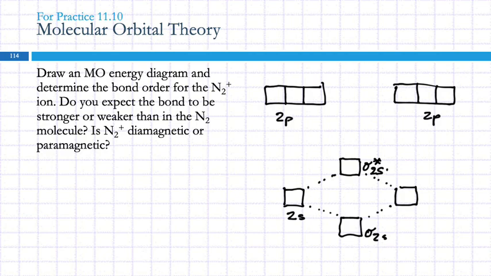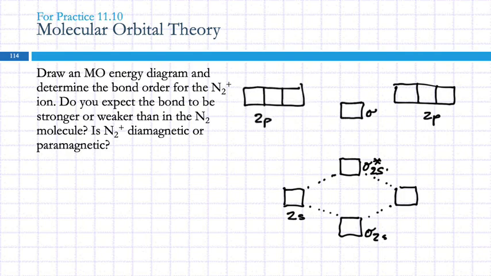And when these overlap, we get 1 sigma and 2 pi orbitals. And because this is nitrogen, the sigma one is going to be higher in energy than the pi one. And then you got the pi one here and a sigma one up here.